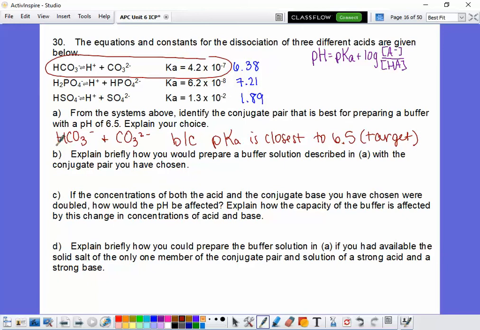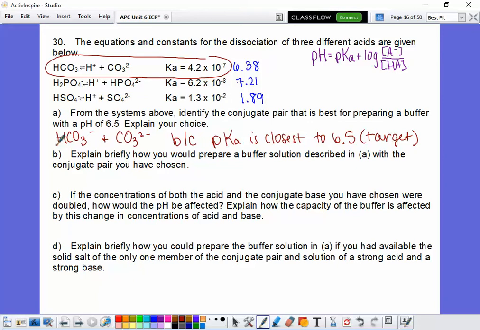So now, how would we make this buffer solution? Well, there's many different ways to make the buffer system. If you had a solution containing HCO3 minus and a solution containing CO3 2 minus, you just need to measure out the appropriate amount and mix them together. But let me put it in terms of the way you're going to be doing it in your lab.